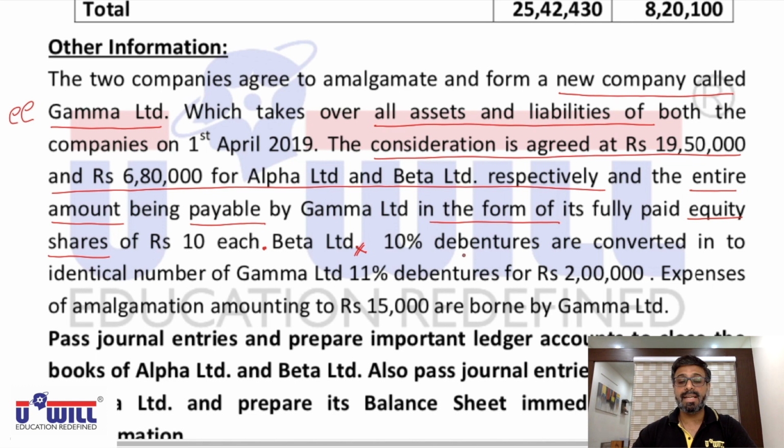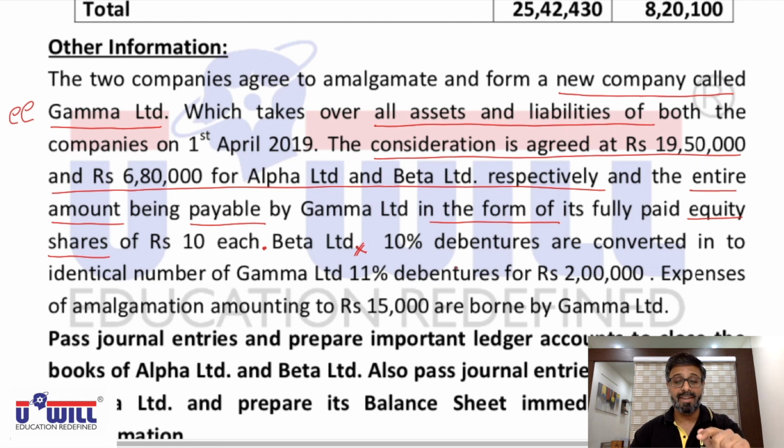Beta Limited's 10% debentures are converted into identical number of Gamma Limited's 11% debentures of rupees 2 lakhs. If you remember, we discussed in the last lecture that in the transferee company's books, in the last entry, settlement of liabilities, generally it would be debentures to debentures.